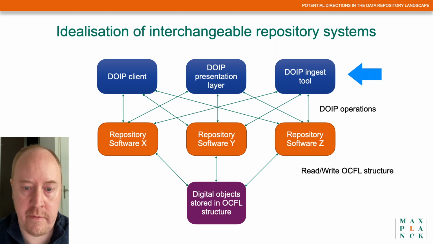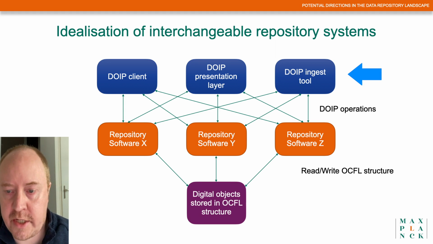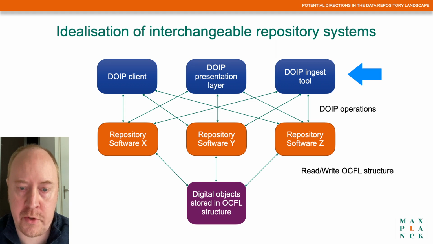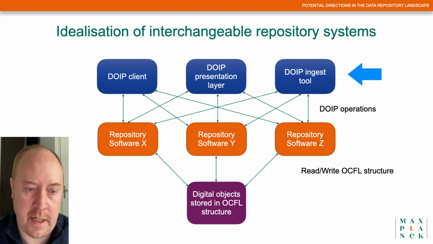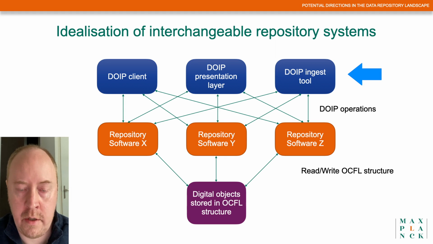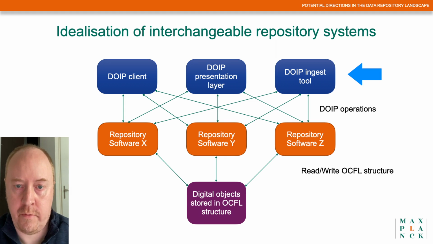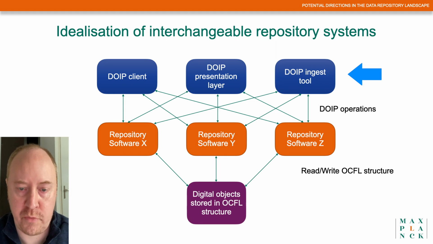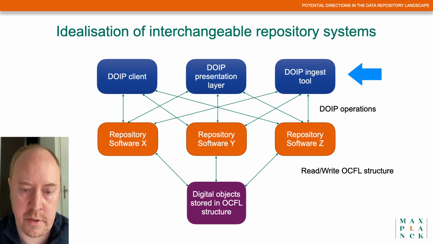And on the other side, you have a number of tools that talk in the DOIP protocol to the repository system. So for example, you could have an ingest tool to ingest new data into your repository. You could have a dedicated client software, or you could have a presentation layer with search functionality and nice presentations on top of the repositories.